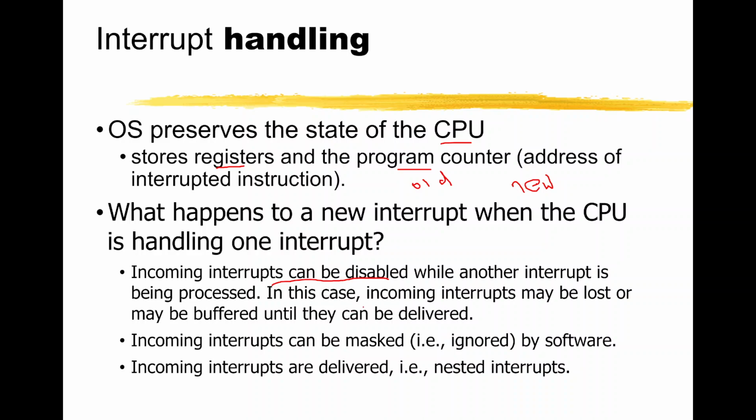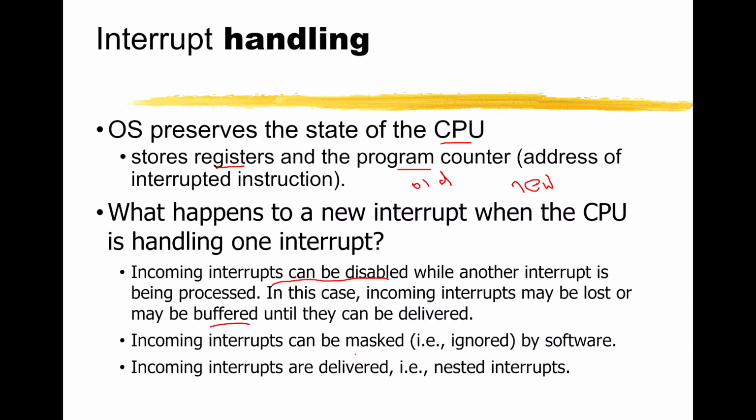If the operating system sees that it's not of high priority, it can disable it because another is being handled. So it can be lost completely if it isn't important, or it can be buffered, which means it is stored and later delivered.